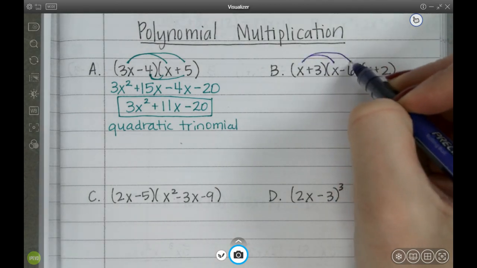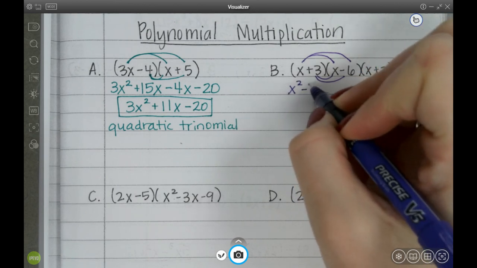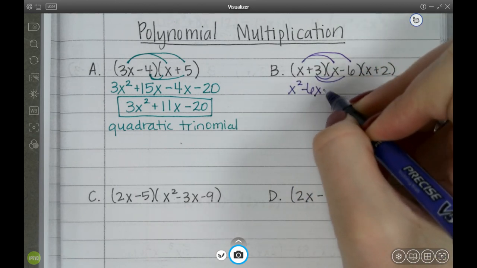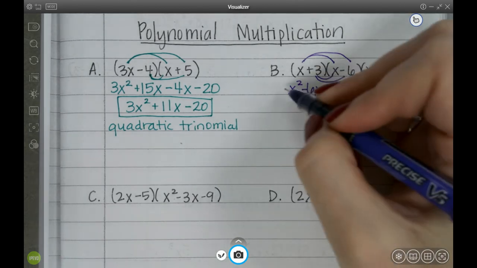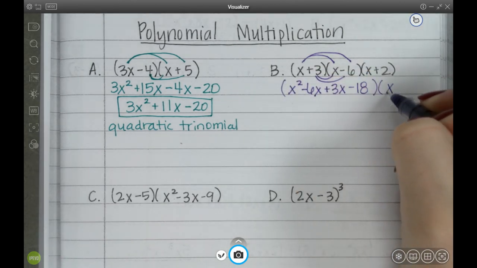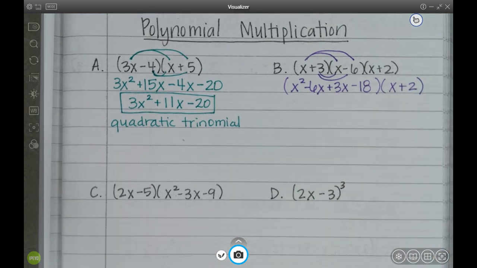So we're going to multiply the first two. So you get x squared minus 6x plus 3x minus 18. We have that x plus 2 that we're going to ignore.